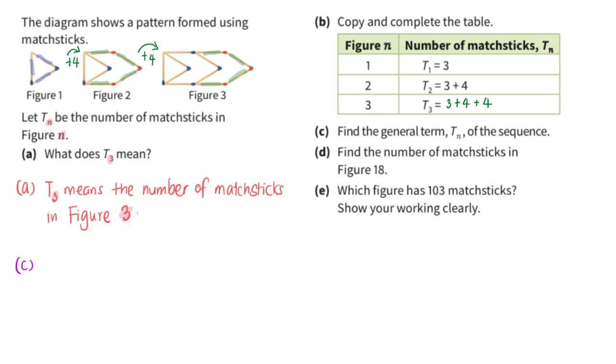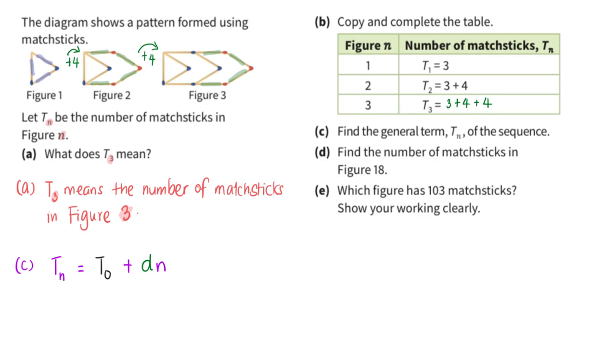Therefore Tn is equal to T0, that means the term before term 1, plus the common difference times n.